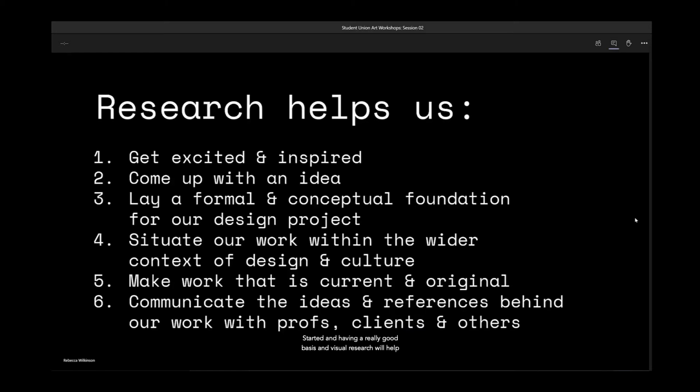And having a really good basis in visual research will help you communicate your idea with your profs. And in the future, when you work with clients or you work with subcontractors or other creatives like photographers or illustrators or people you hire to help you out, having a really good foundation of visual research and a really good mood board will help you communicate your vision with others. So I think it's really important for all of those reasons.